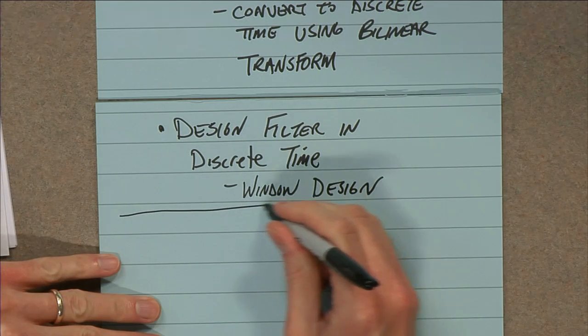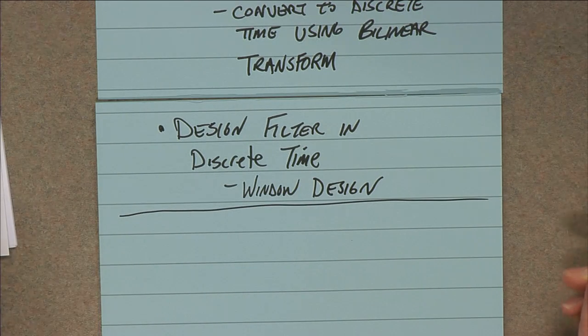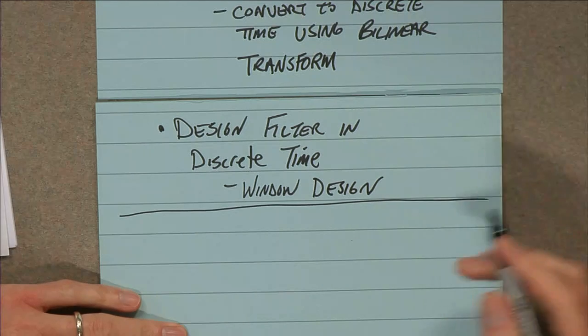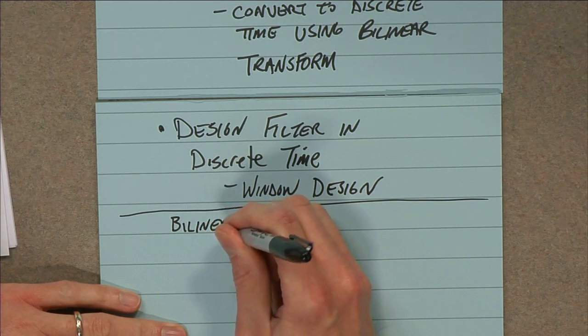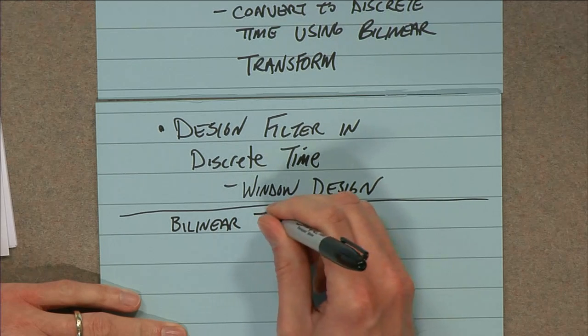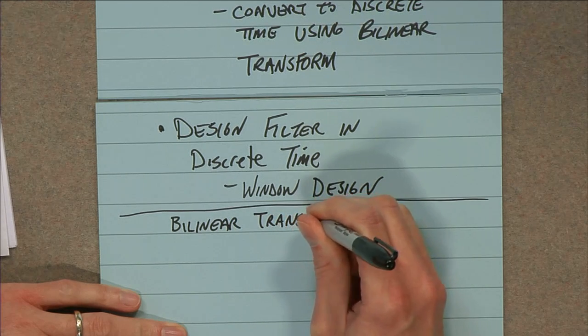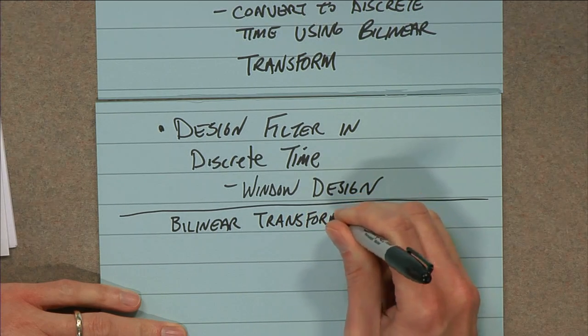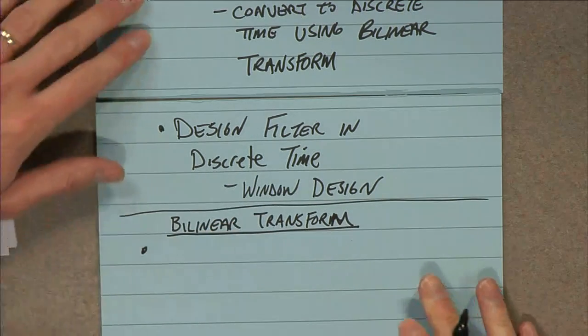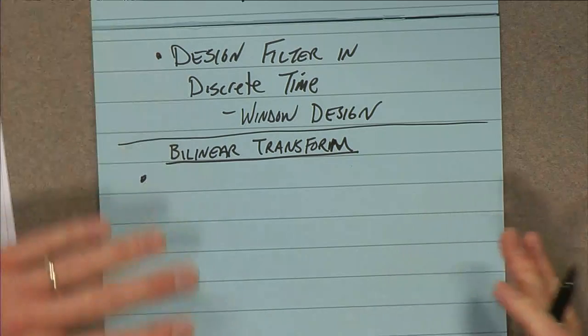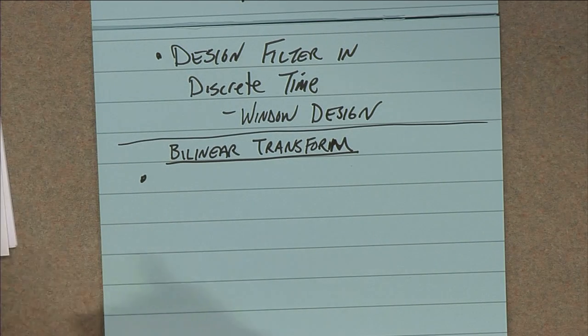So that brings us to, okay, if we want to use this tool to do the transform, it's called the bilinear transform. What does it do? And a good portion of today's lecture is trying to get comfortable with the bilinear transform and understand it. So what does bilinear transform do? Well, it basically is a mapping between the S-plane and the Z-plane.